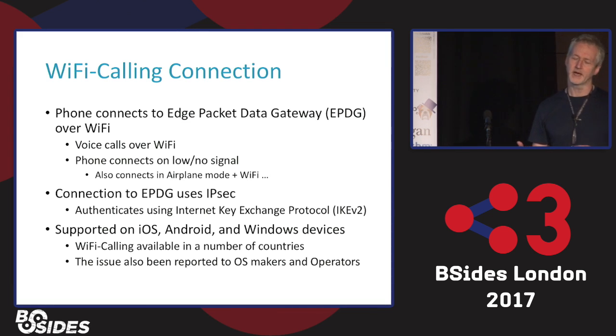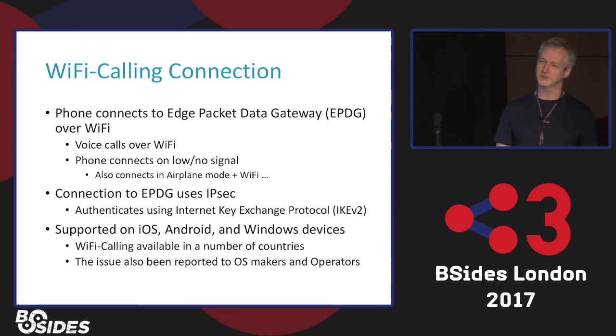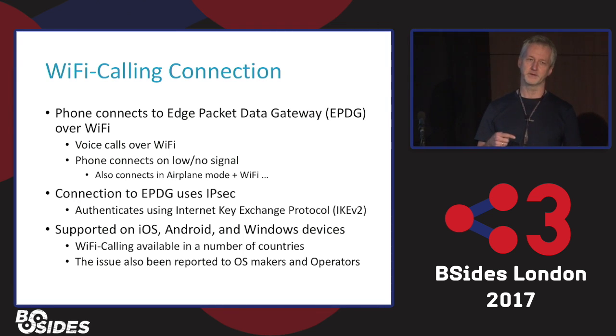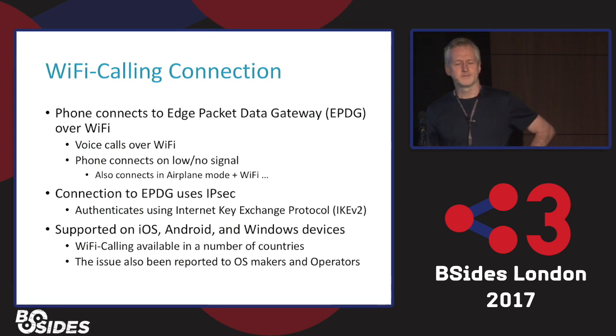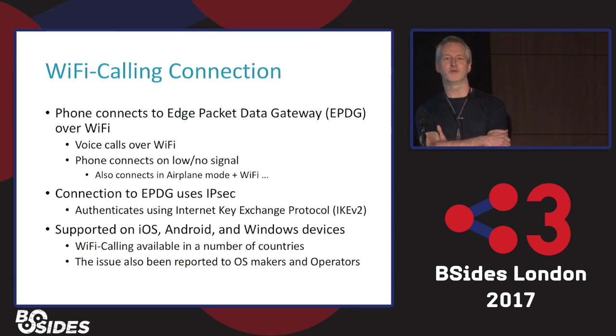And that'll typically happen when you've got no coverage or bad signal. In fact, you can kind of force it to come on by flipping into airplane mode, and then turning on Wi-Fi. If your phone's enabled for it, it'll then fire up the Wi-Fi calling feature. So it seems better with Wi-Fi calling.